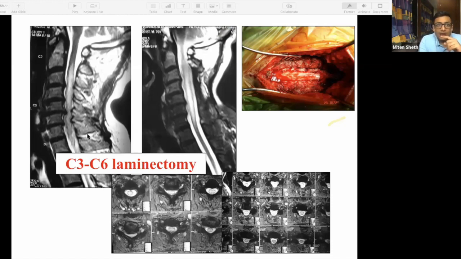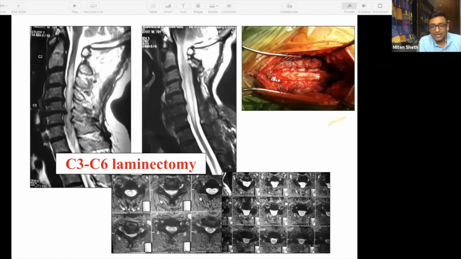This is the place where there is compression. This is the axial image of that same compression. You see the cord is flattened over there, and this is the image after surgery where the cord has opened up again. So this is for your eyes to understand what compression means, what degeneration means, and how your cord should really appear when it is normal.